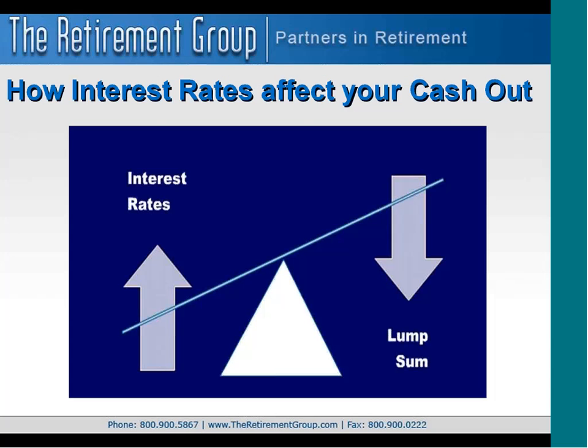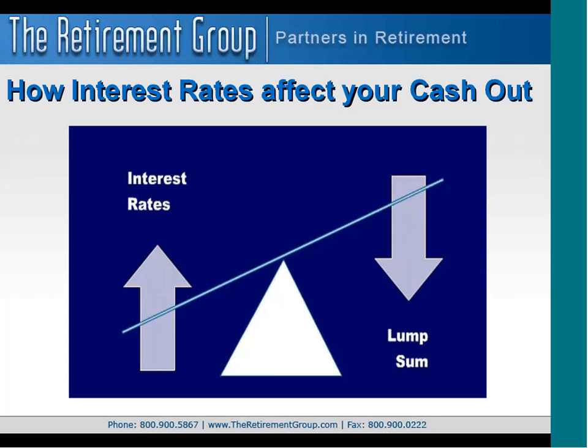If they're very young, their lump sum has even more variability based on interest rates, maybe in the range of 12% for every 1%. If they're older, it might only be about 8% for every 1% increase. But it's a very significant reduction if interest rates spike up quickly after a low interest rate environment.